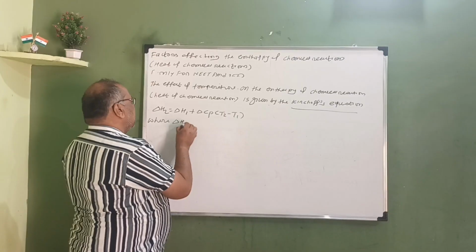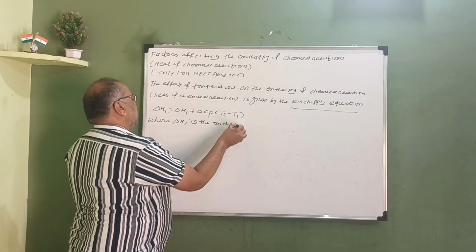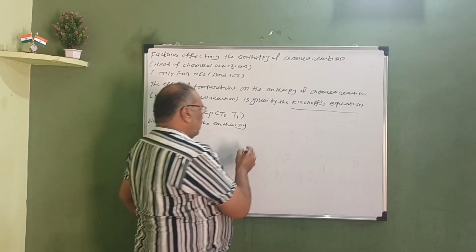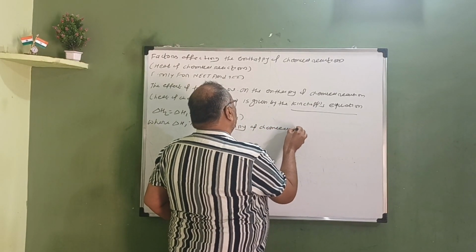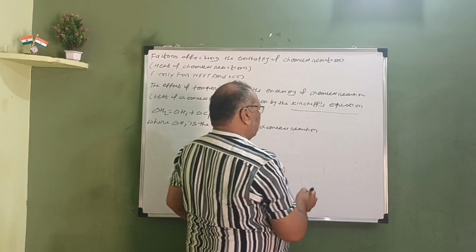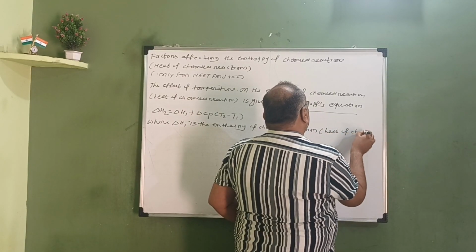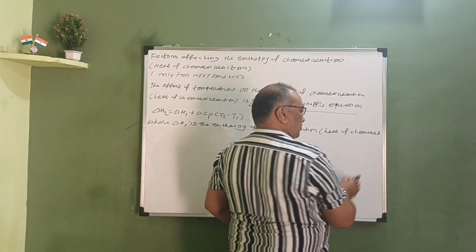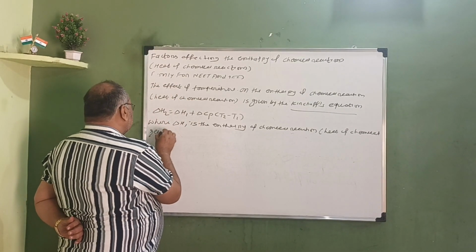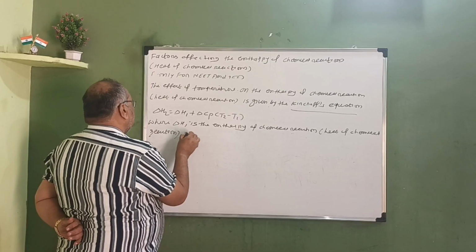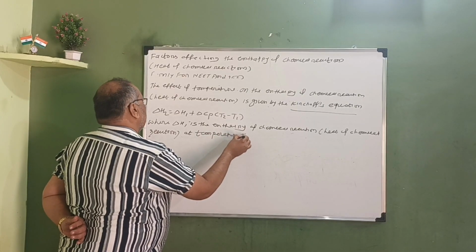delta H1 is the enthalpy of chemical reaction, which is also called as heat of chemical reaction, at temperature T1.